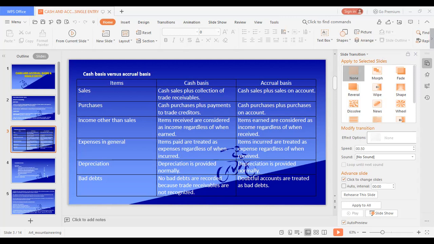So, in 15-14, you are given now the single entry records for 2020 with the balances on December 31 and on January 1. Then you are given the cash receipts and the cash payments. Accounts receivable of 120,000 were written off as uncollectible.